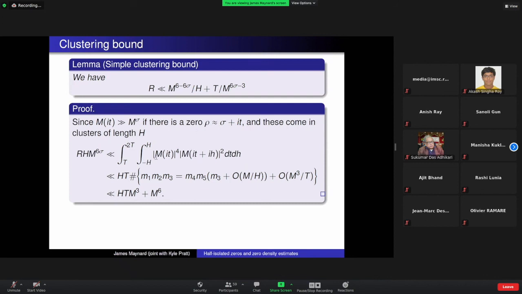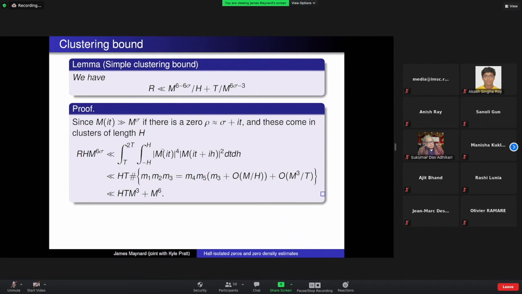if I look at this integral of m to the power 4 evaluated at it times m to the power 2 evaluated at it plus ih, and integrate between t and 2t, and little h going between minus h and capital H, then whenever it is close to the imaginary part of a zero, m of it is taking the value m to the sigma.